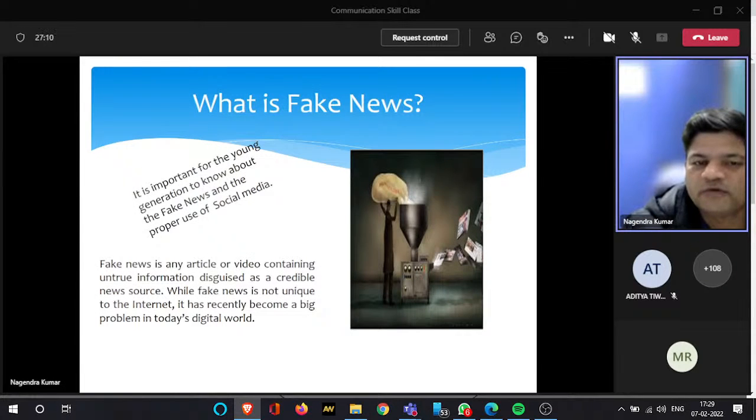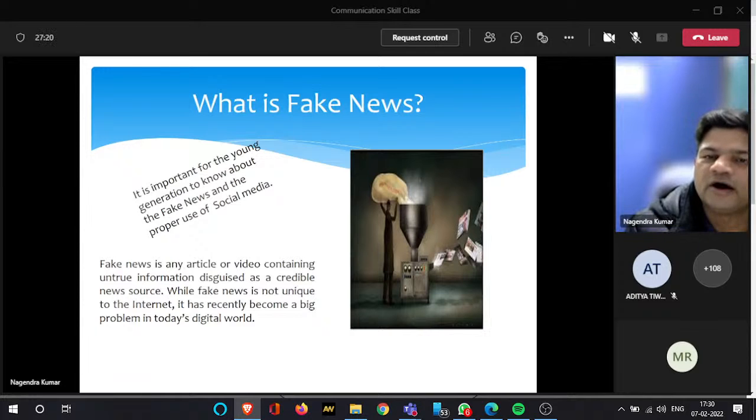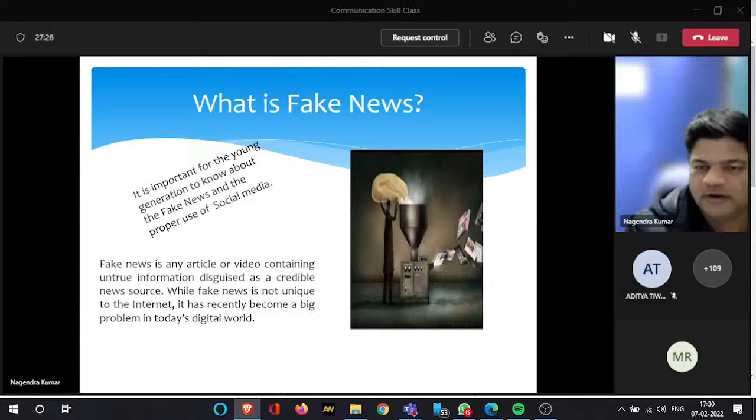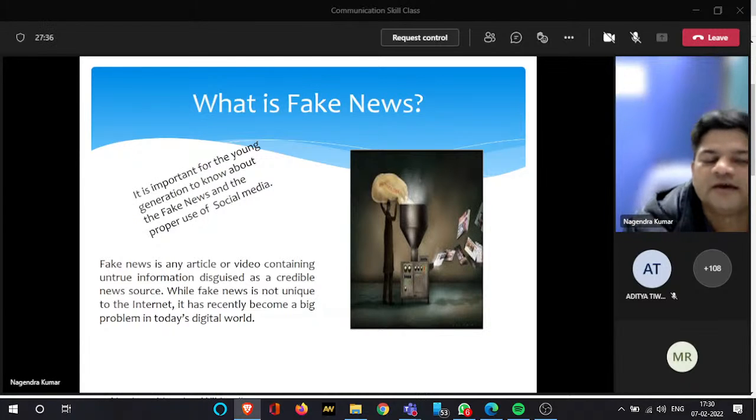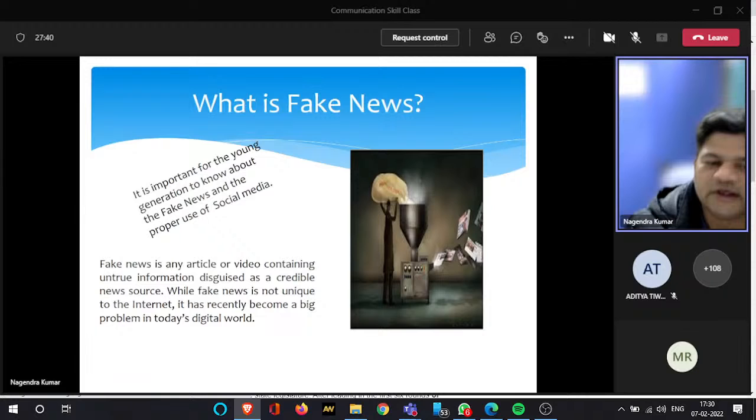Now, if we talk about fake news, what is this? It is important for the young generation to know about fake news so that they can make proper use of social media. Nowadays, when social media is taken to be authentic, and you often fight with each other based on your knowledge gained through social media, it is very important for you to exactly know whether your source is authentic and the knowledge that you have gained is authentic.